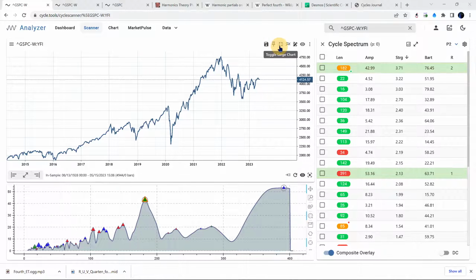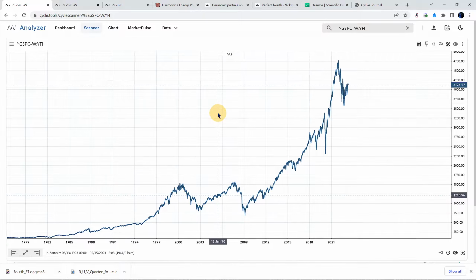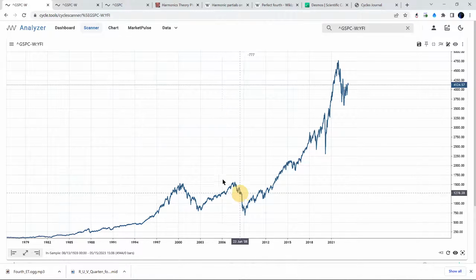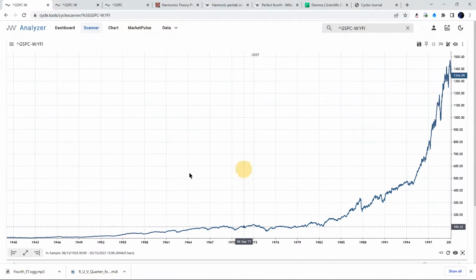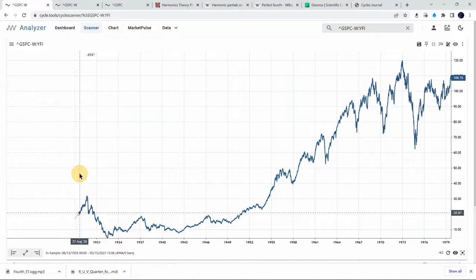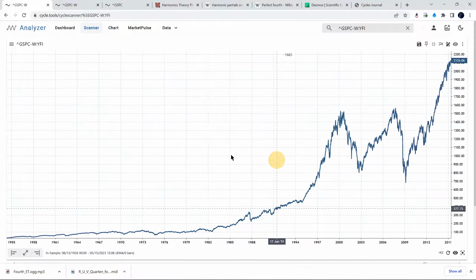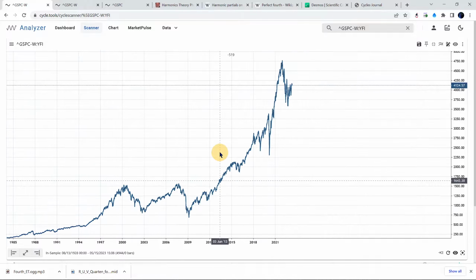The first analysis and discussion I want to do with you now is a very, very long-term analysis, going back, you see the dark blue data used here, going back into 1928. So we are using around 100 years of data on the S&P 500 for the long-term analysis.